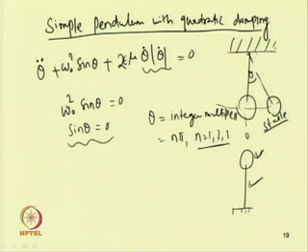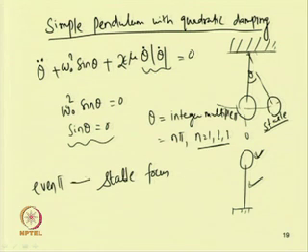So, if one performs the stability analysis, one can see that for even multiples of pi it reduces to a stable focus, and for odd multiples of pi it reduces to an unstable point, or the saddle point.